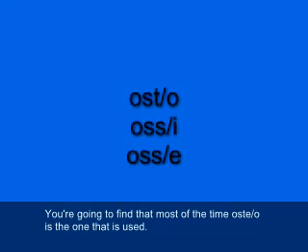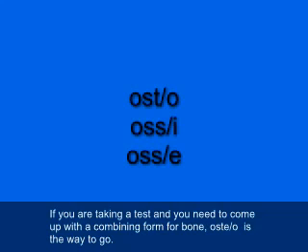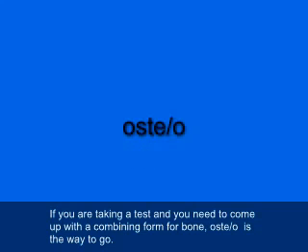You're going to find that most of the time osteo is the one that's used. The other ones can show up in some terms, so you need to be mindful of them. You need to be able to recognize them. But if you're taking a test and you need to come up with a combining form for bone, osteo is the way to go.